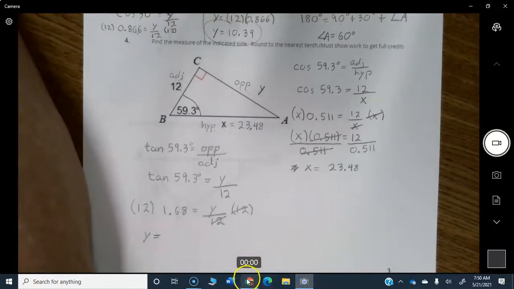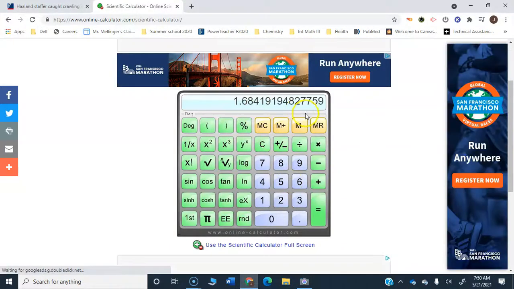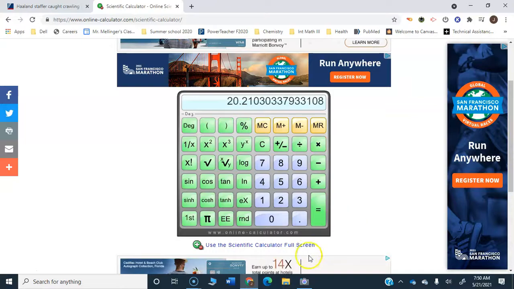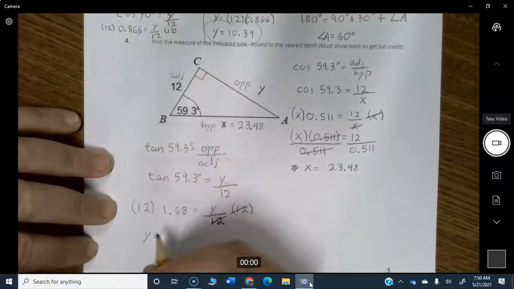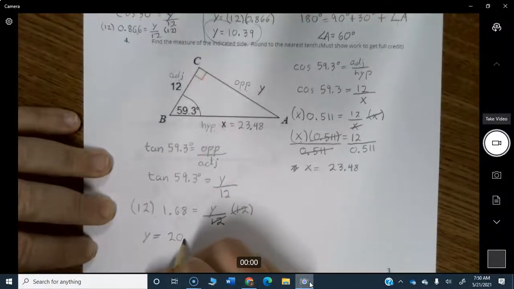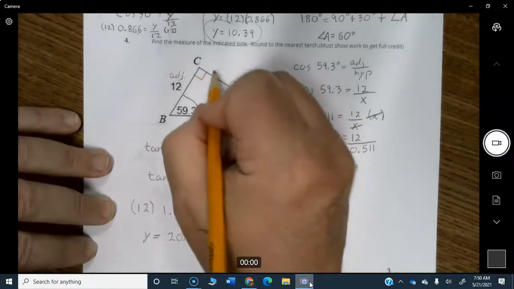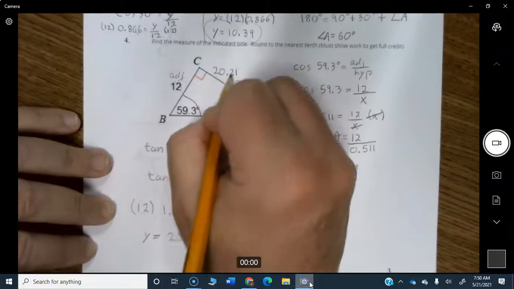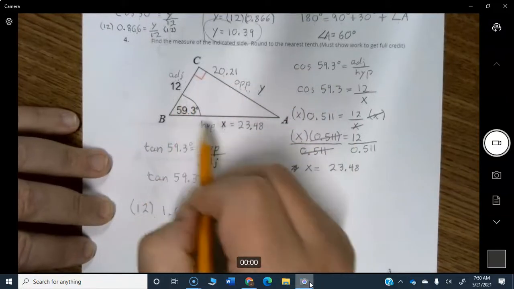Go back to the calculator. We got the 1.68 up there already, so we're going to multiply by 12. And we get 20.21. And that's the value for the opposite, y, so we'll write it right here. So now we know all three sides.